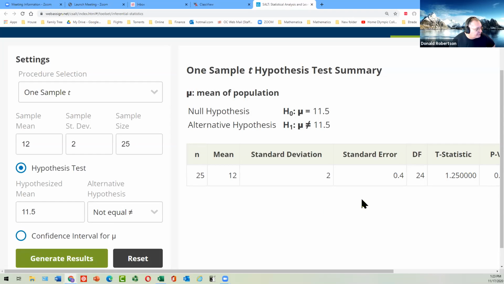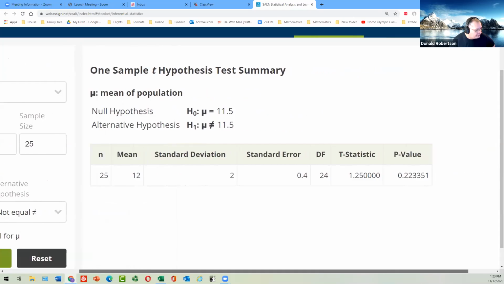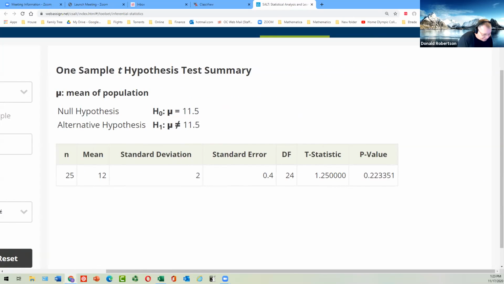Now, if I generate the results, there's a whole load of numbers. In this question, they wanted the t statistic, which is 1.25, and they wanted the p-value, which is 0.223351.